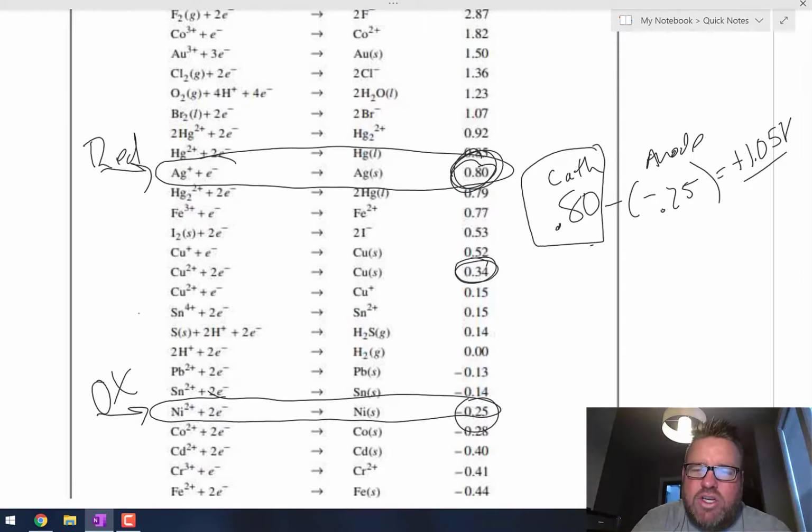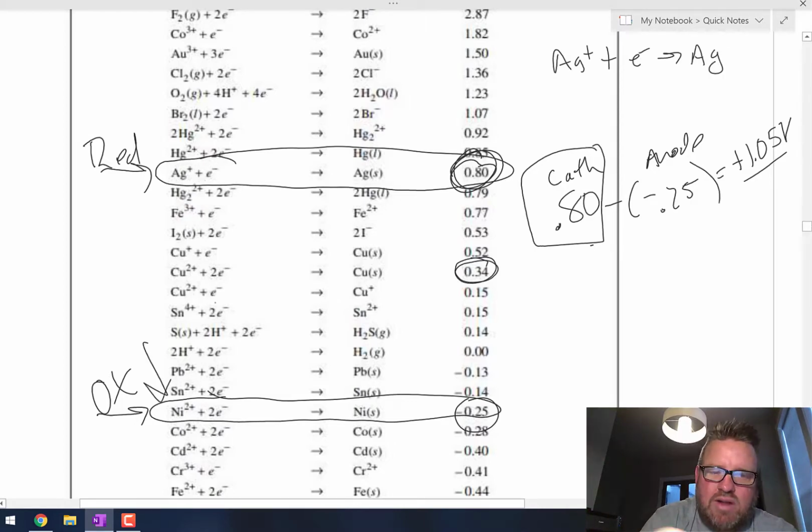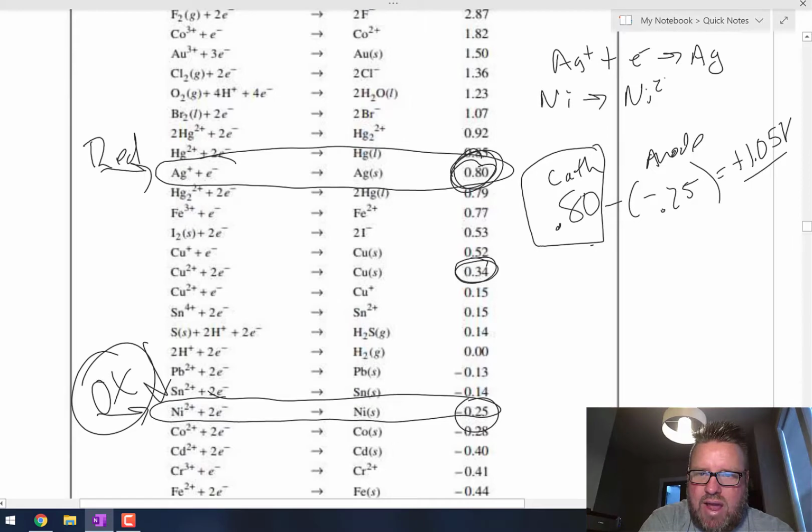Well, now your knowledge of balancing redox reactions is going to come into play, because you've got Ag+ plus an electron making Ag, and then for this one we're going to flip it, because remember it's an oxidation process. So we're going to have Ni becoming Ni2+ plus 2 electrons. And these are really, really easy. Remember all the stuff we had to do before.